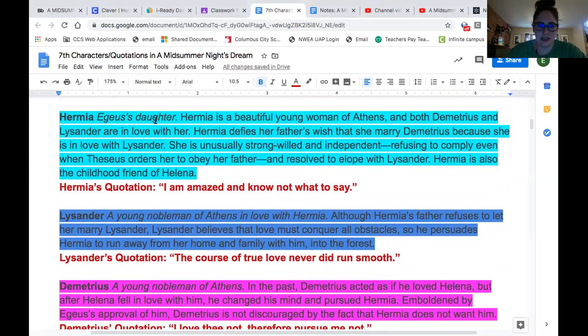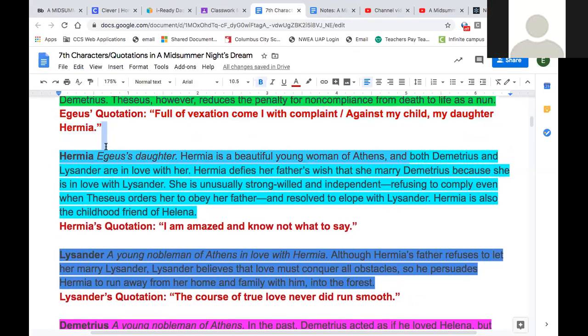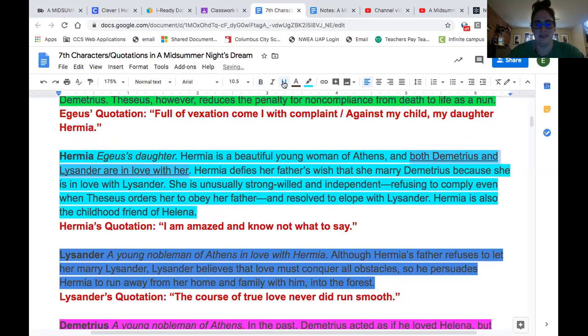Hermia is Aegeus's daughter. She's a beautiful young woman of Athens, and both Demetrius and Lysander are in love with her. This is key. Hermia defies her father's wish that she marry Demetrius because she is in love with Lysander. Tough. Yeah.